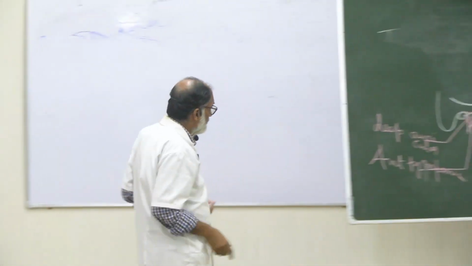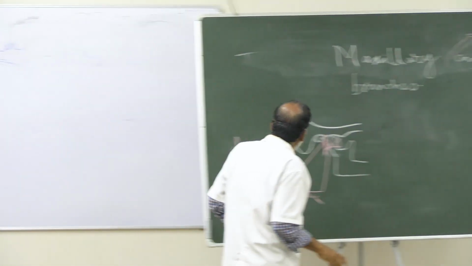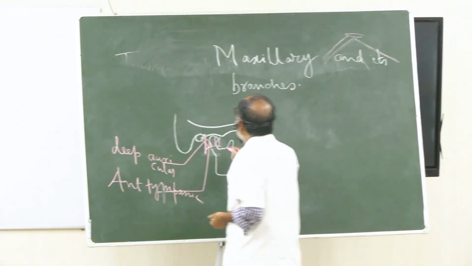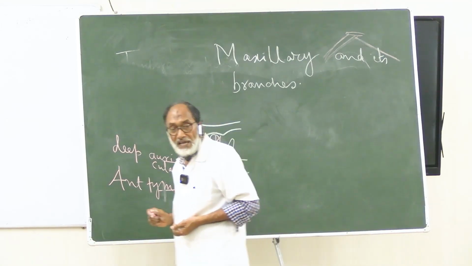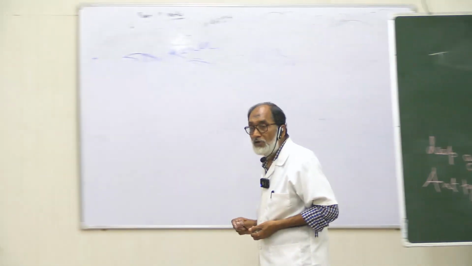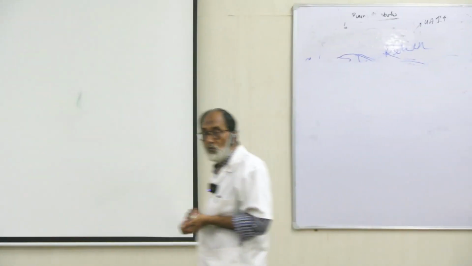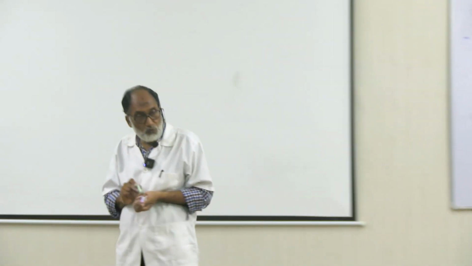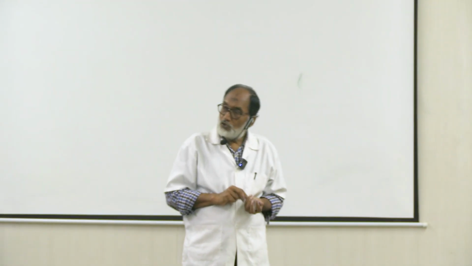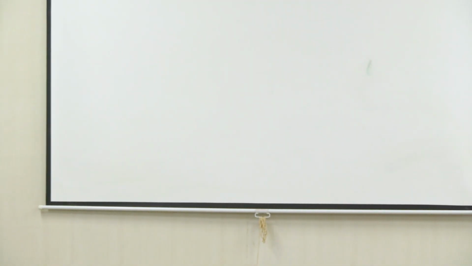Foramen spinosum. And the accessory middle meningeal artery will pass through foramen ovale, right? So these are the arteries of the first part.